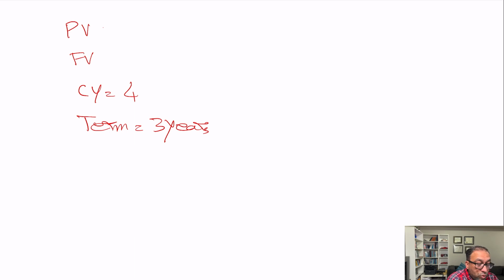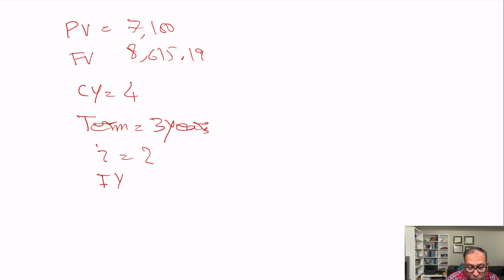The present value is 7,100, and the future value is 8,615.19. We want to know first I and then IY as well. So how can we do this?